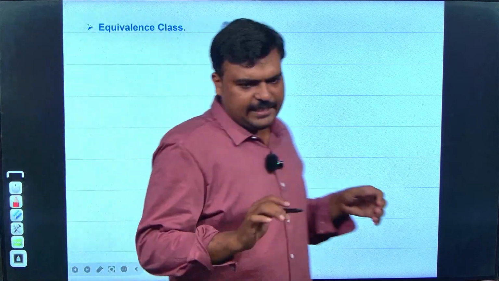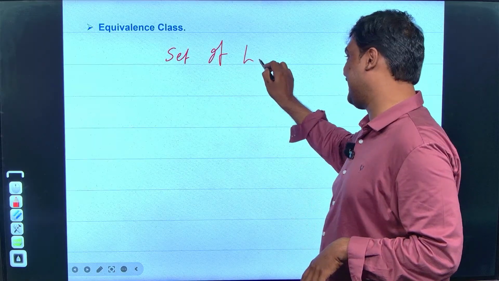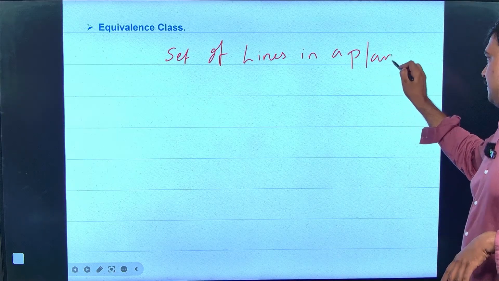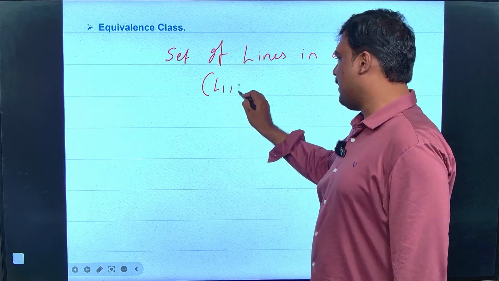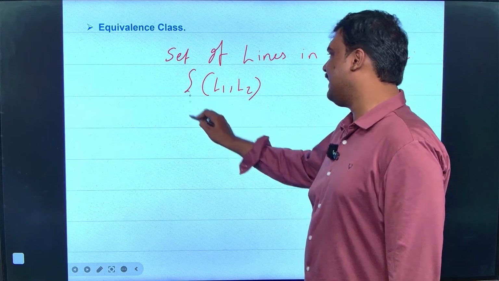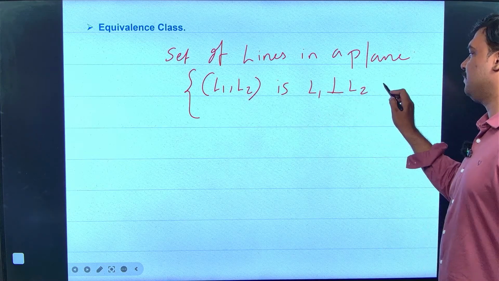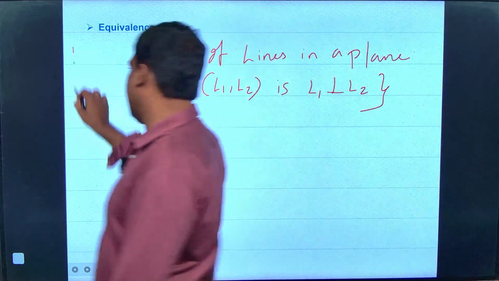So there are a set of lines in a plane. L1, L2 will be related if L1 is perpendicular to L2. See, take a plane like this.